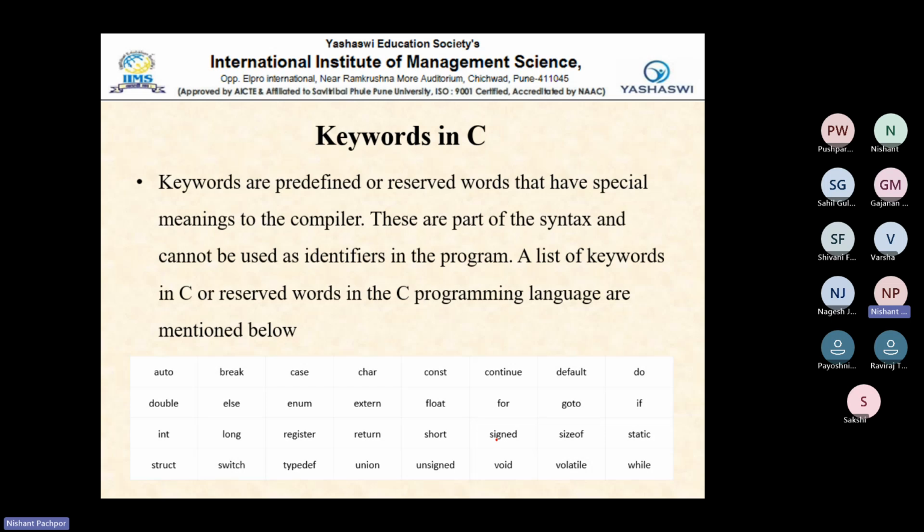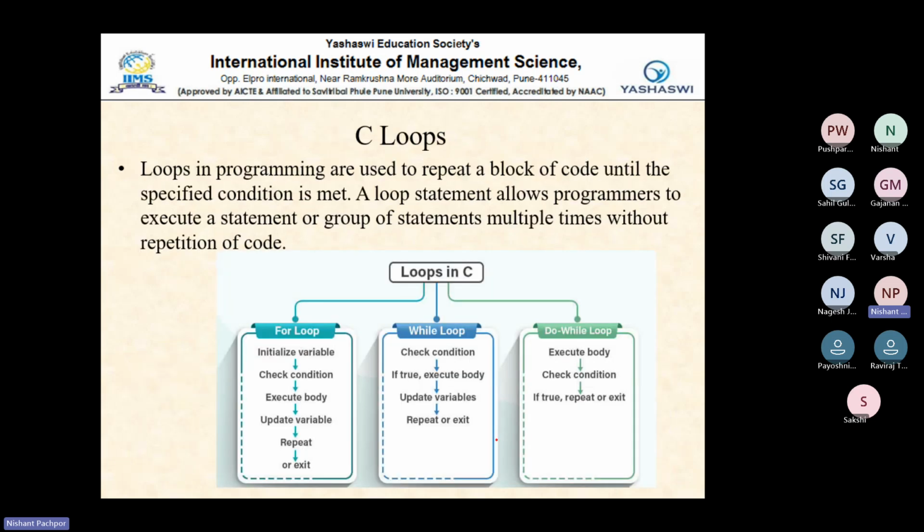All these 32 keywords are used for programming purposes. They are reserved keywords, which can never be declared as a variable name in your programming. So these are the C keywords.